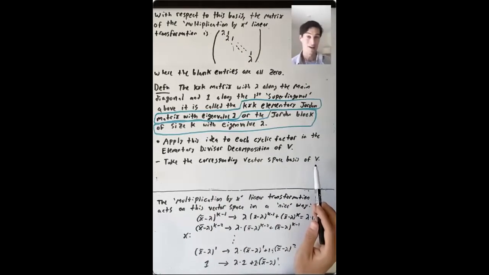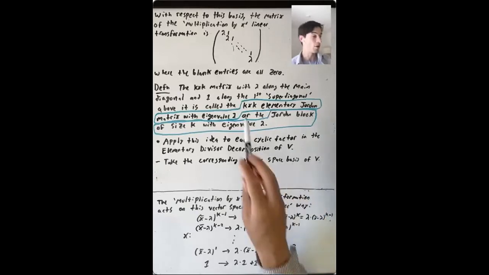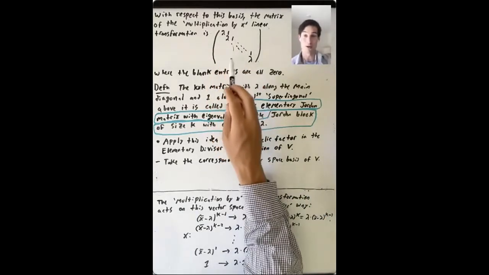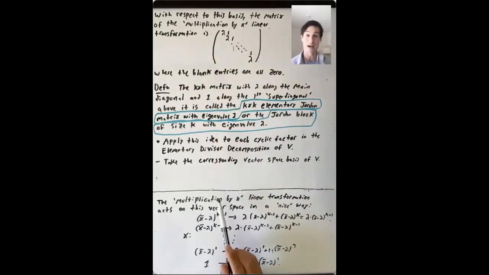And now the matrix of the linear transformation T with respect to this basis will have a very nice form. It'll be a block diagonal matrix where our blocks are going to be these Jordan blocks. Just like for rational canonical form, we got a block diagonal matrix where each block was the companion matrix of the corresponding invariant factor.